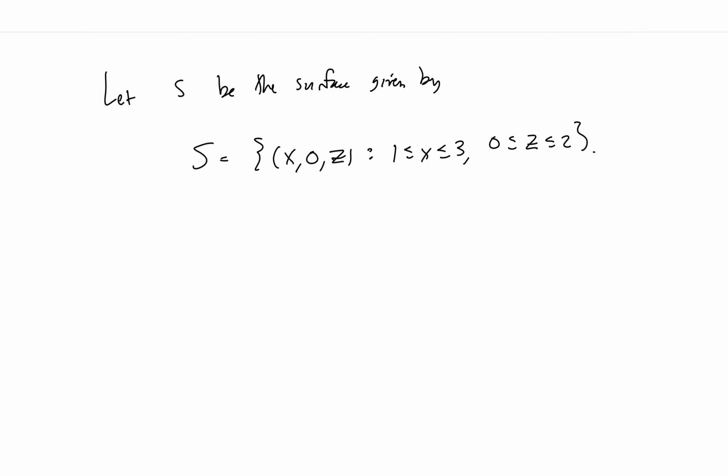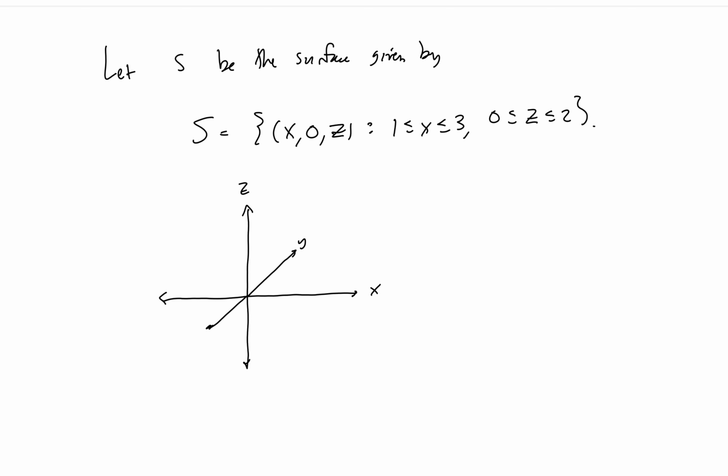So if we were to graph this surface in 3 space, x, y, and z, we go over here, between 1 and 3 and up between 0 and 2. This is my surface S.